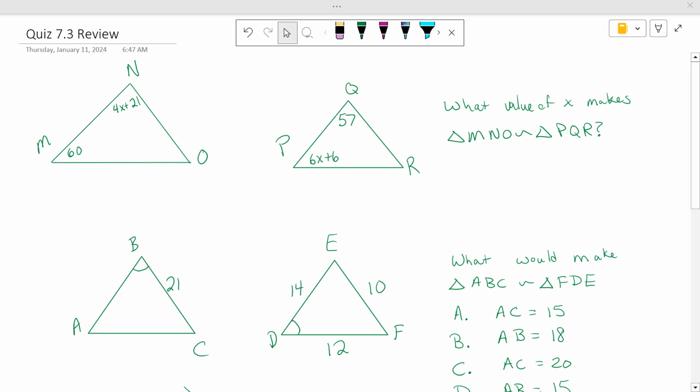What would you do with these? Because I see some x's here and here. What do you do? You would write the letter n.